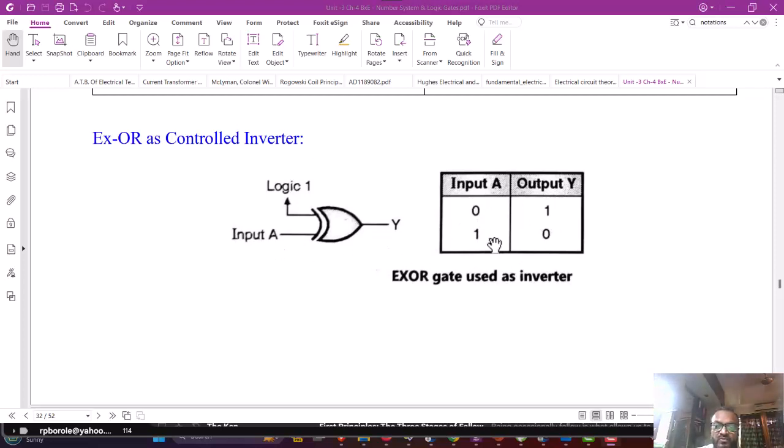When A is equal to 1, the output will be 0. You will see that this truth table is just complementing A at the output. So the logic 1 at the control input will enable this inverter and the complement of A is available as the output. That's why the exclusive OR gate can be used as a controlled inverter.